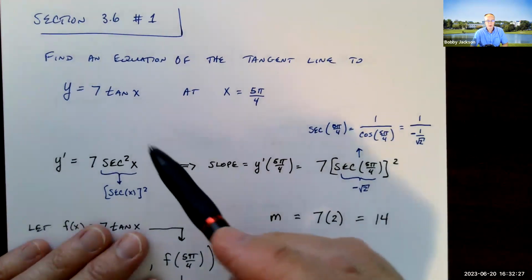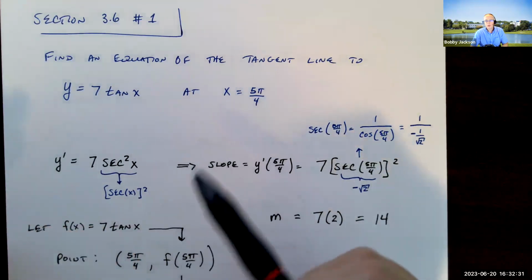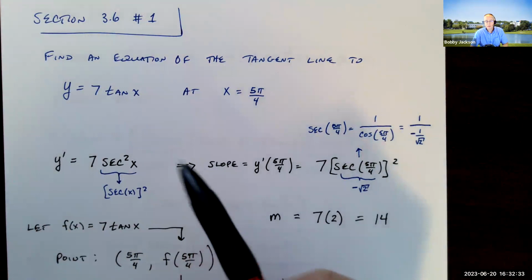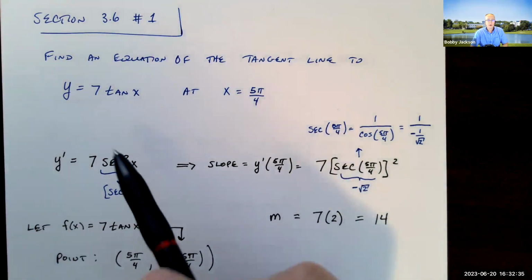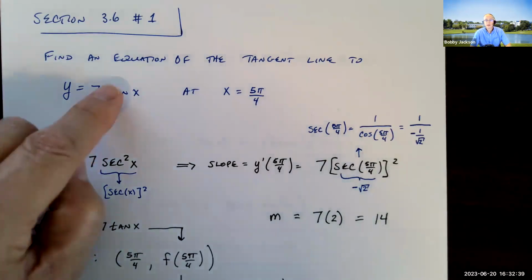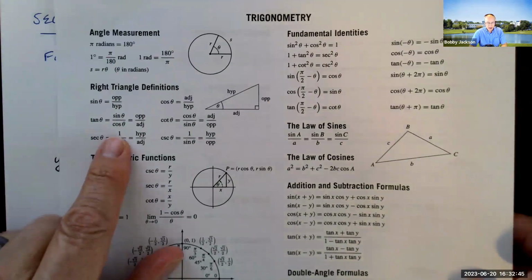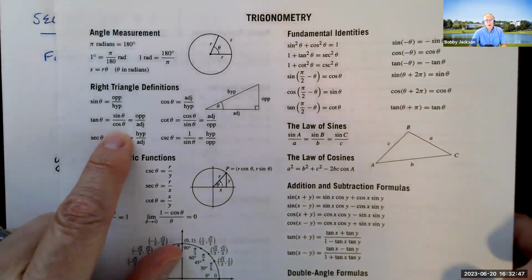You do need to know the derivatives of all 6 trig functions, but if you can get the derivative of sine and cosine down, then you can easily find the derivative of tangent, or remind yourself of it, because you can write tangent x, remember, as sine x divided by cosine of x, from our handy dandy ratio identity.